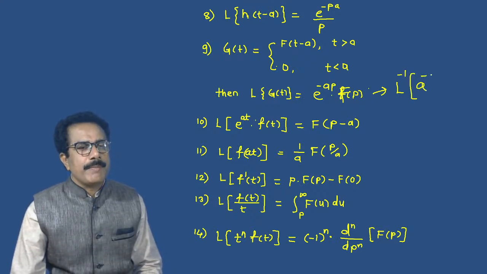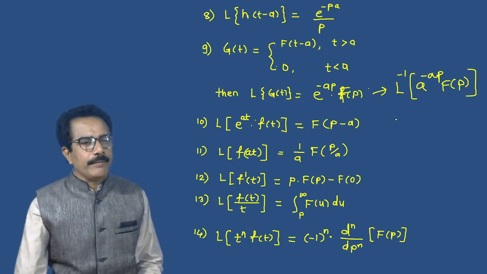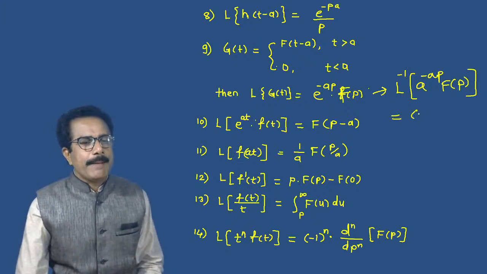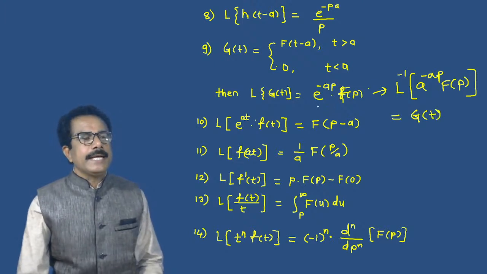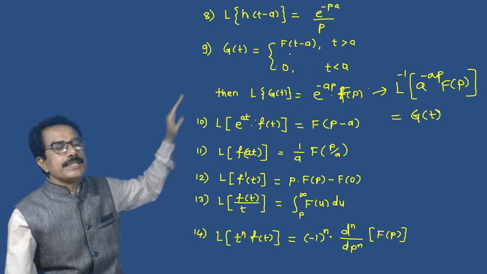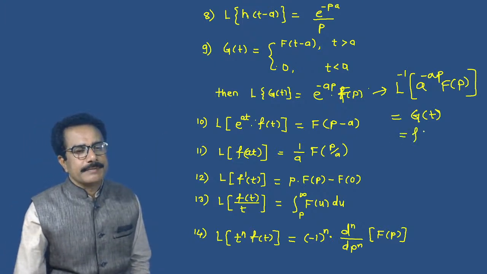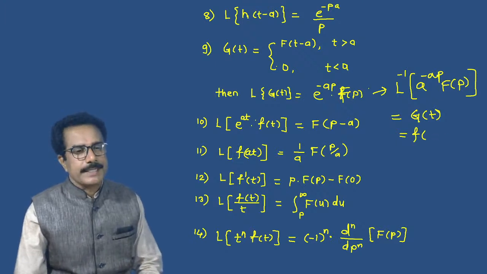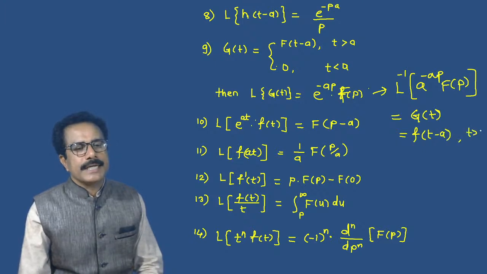So L inverse of e raised to minus ap into capital F of p, which is equal to capital G of t. And capital G of t is equal to f of t minus a, where t is greater than a.